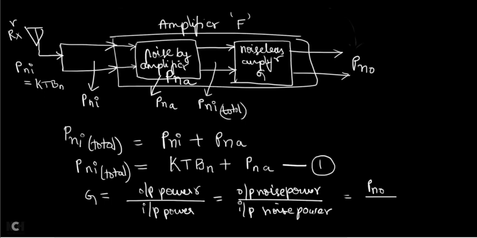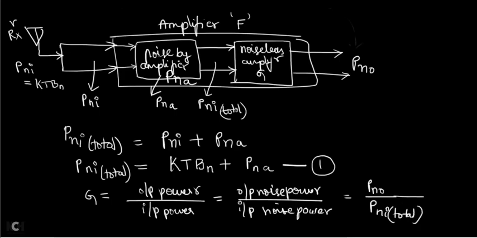The input noise power is equal to PNI total. So capital G can be written as PNO divided by PNI total.